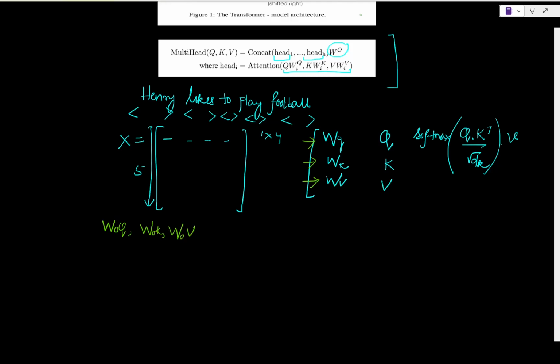For example, this is the first set of projection matrices that we have. Similarly, we can have W1Q, W1K, W1V. This is the second set of projection matrices, so on and so forth, till W(h-1)Q, W(h-1)K, and W(h-1)V. Remember, as per the paper, we have h number of heads.